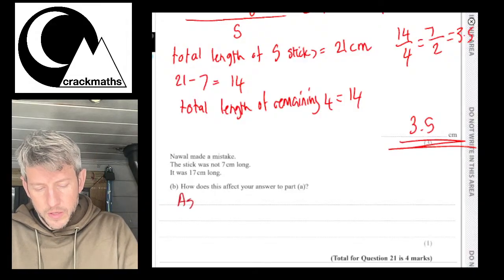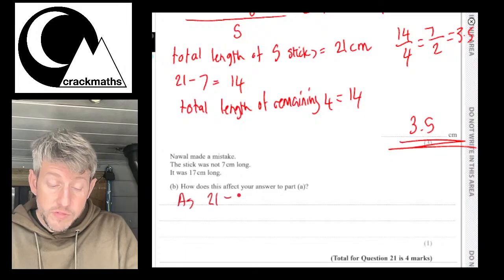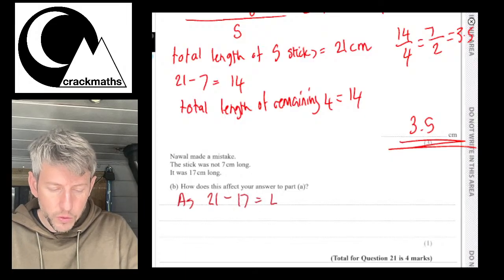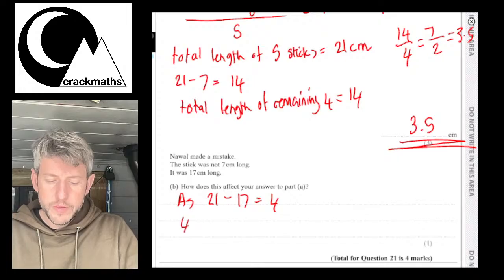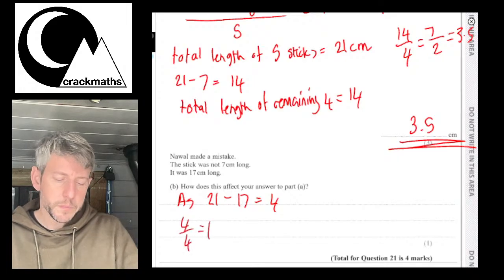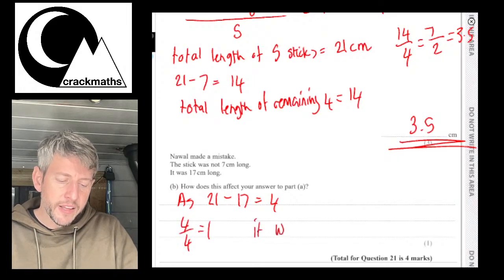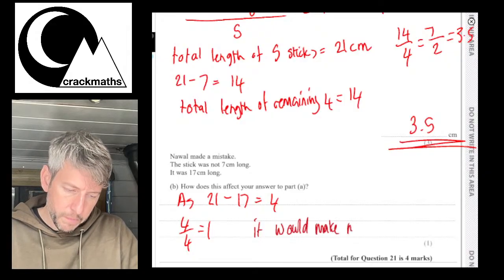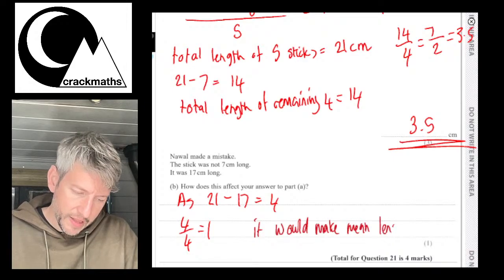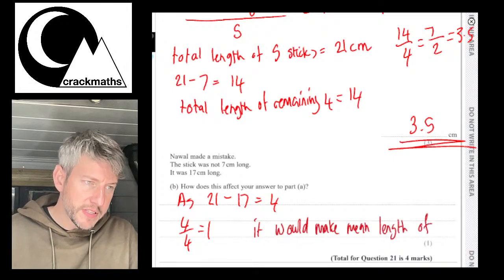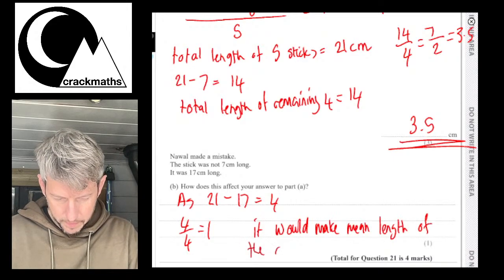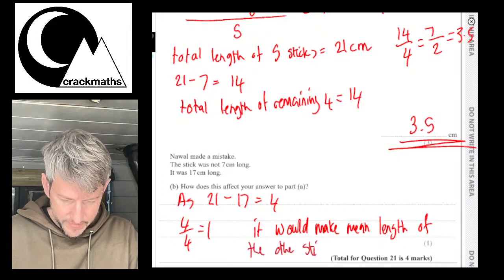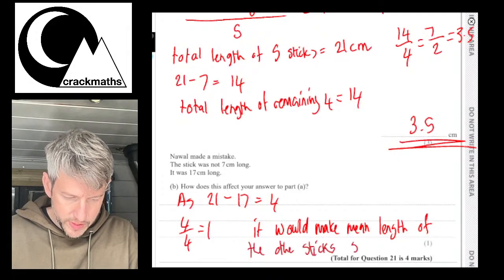As 21 take away 17 equals 4, okay, 4 divided by 4 equals 1, it would make the mean length of the other sticks shorter.